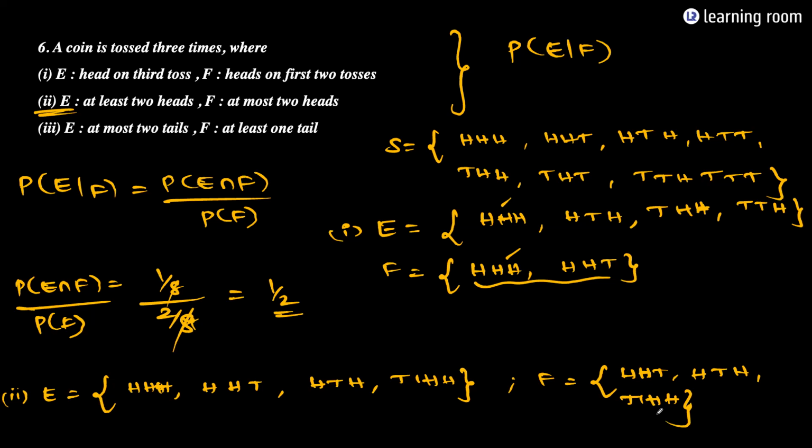That's it. Now tell me, what is the probability of E intersection F? It is head, head, tail; head, tail, head; tail, head, head. So 3 out of 8. Probability of F.